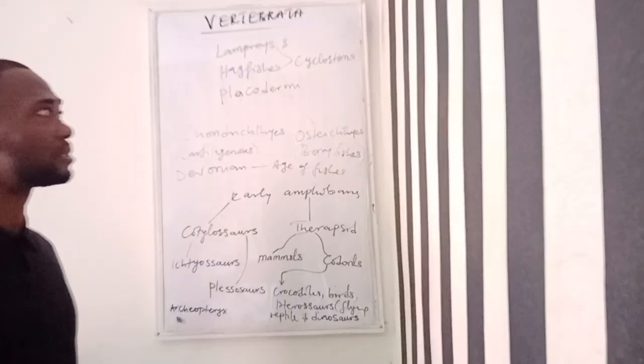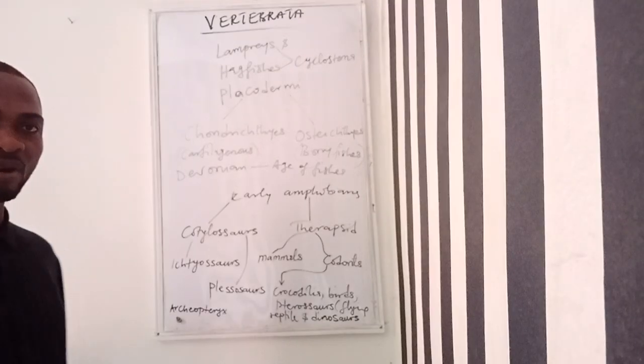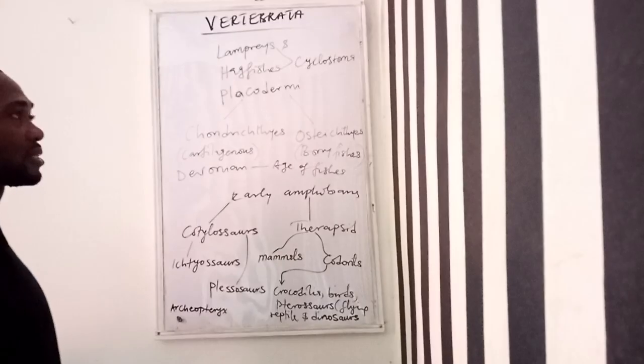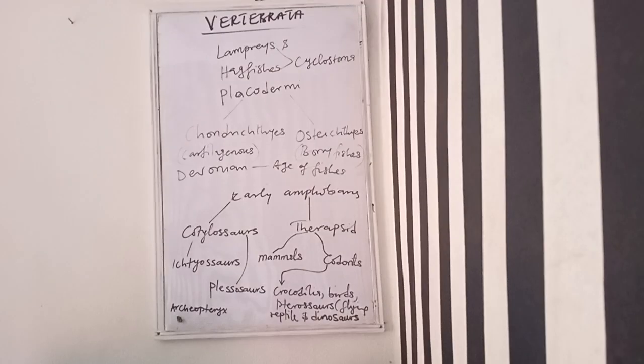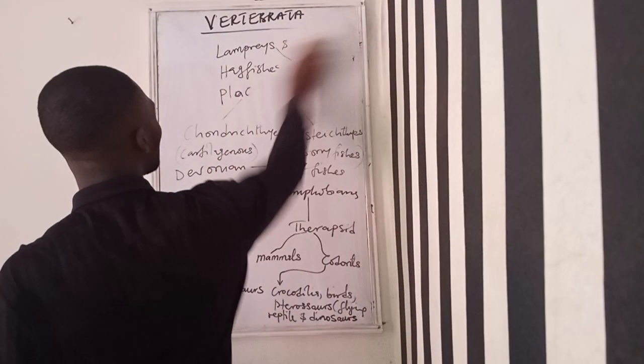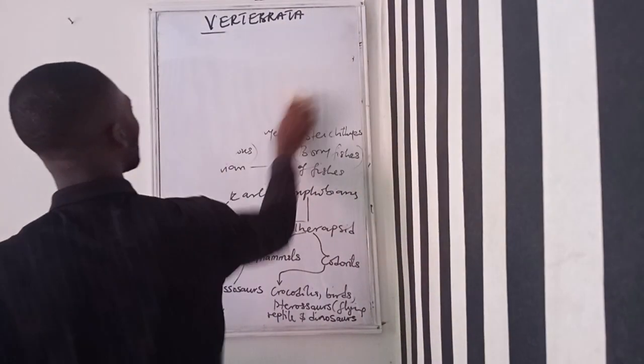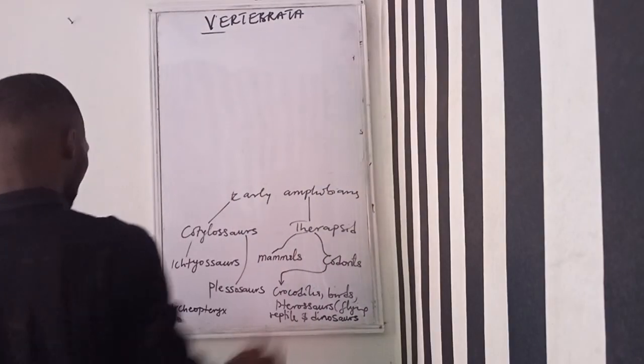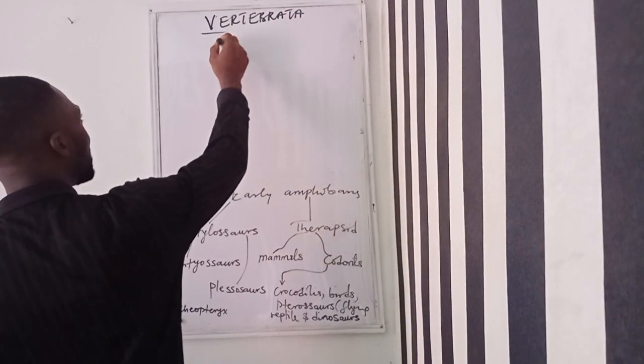These earliest land vertebrates actually evolved from the Osteichthyes, or the bony fishes, and they are called the lobe fins. The lobe fin fishes. So we want to look at how amphibians evolved.